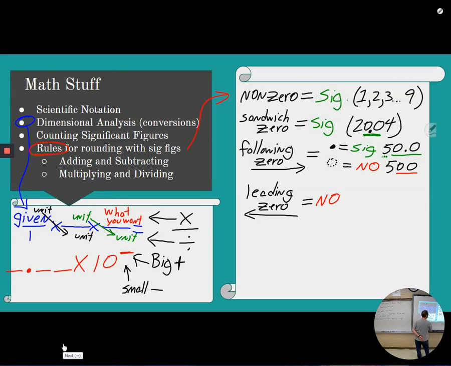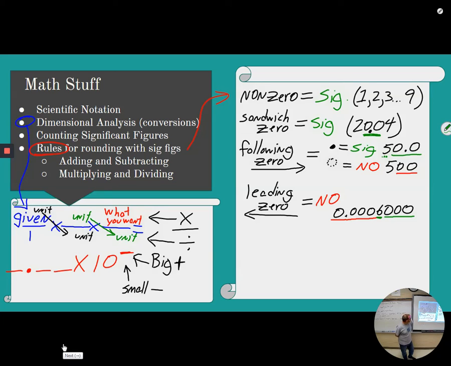So if I've got something like 0.0006000, and I've actually measured that out, then all of the zeros leading up to that non-zero are not significant. The 6 would be significant because it's not a 0. All of these zeros here would be because they are following a non-zero. So I'd have a total of 4 sig figs in that number. Okay, with me so far?